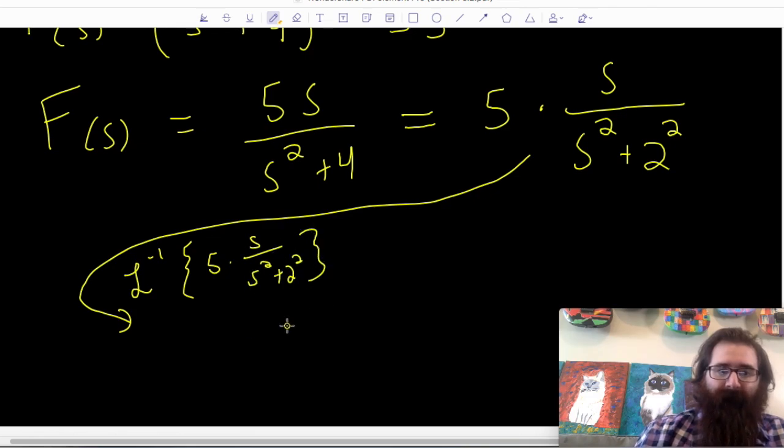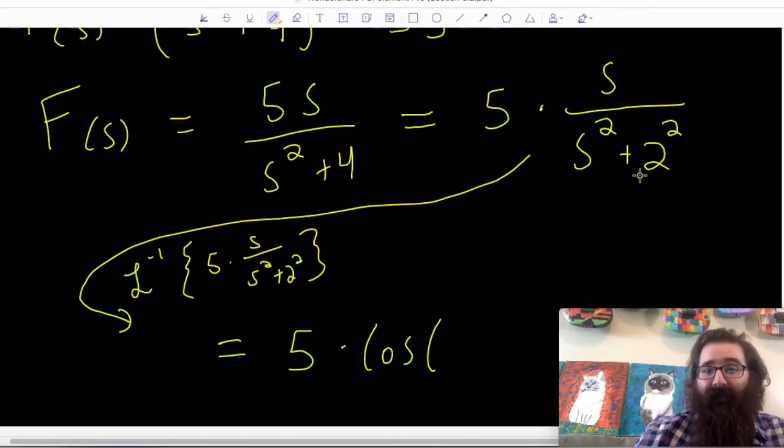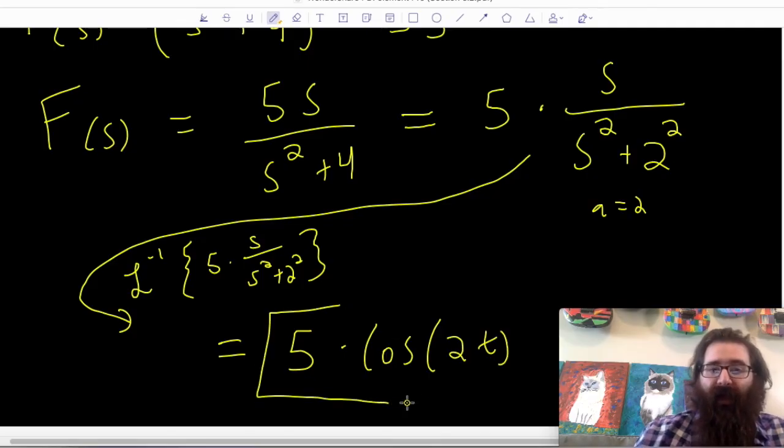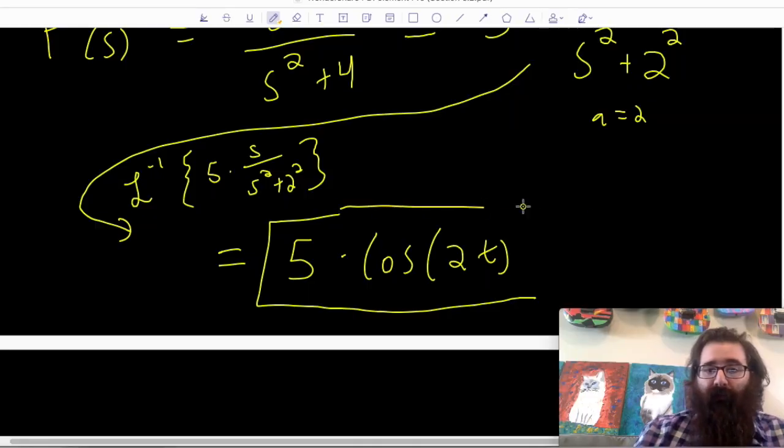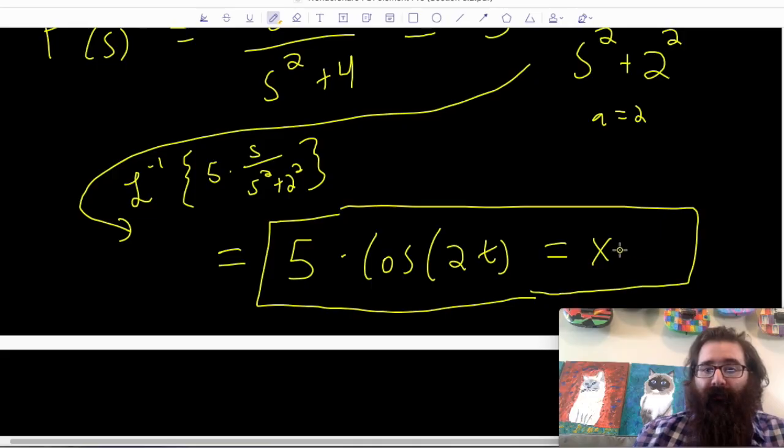This is going to spit out 5 times cosine of at, and a is 2, cosine of 2t. And this is my solution to the differential equation. So this is equal to x at t.